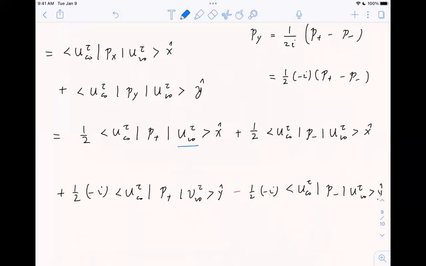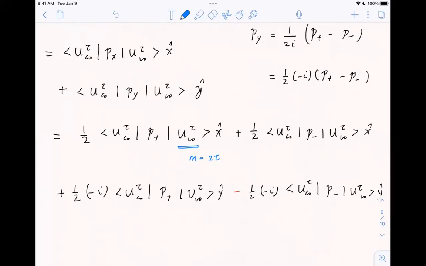This V, what is that? This is just M equal to 2 tau. This is a valley index, right? So when tau is +1, this will be 2. When tau is -1, it will be -2.